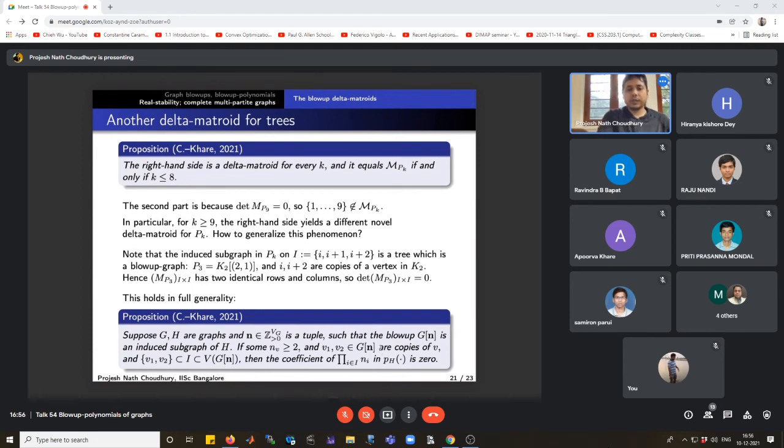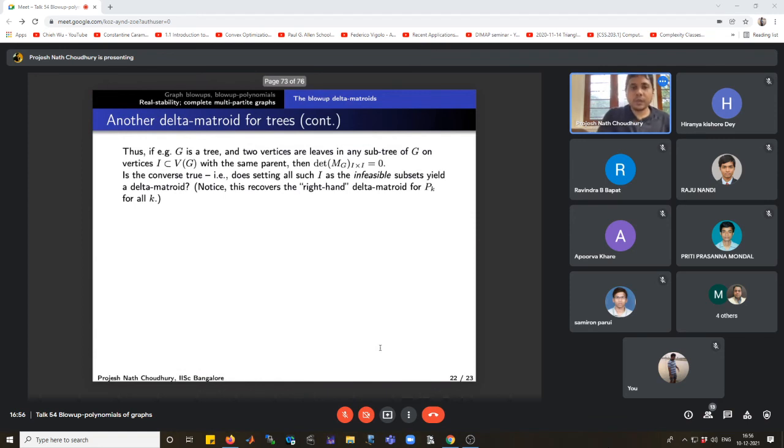So an example of this result is, if we take G as a tree, and if 2 vertices are leaves in any subtree of G on the set of vertices I with the same parent, then the determinant of this submatrix of the modified distance matrix is equal to 0.